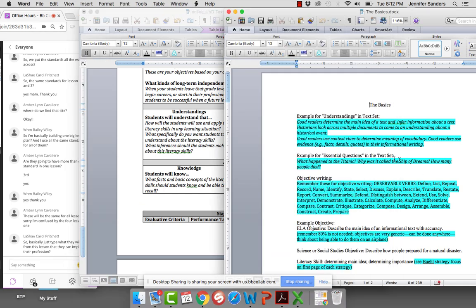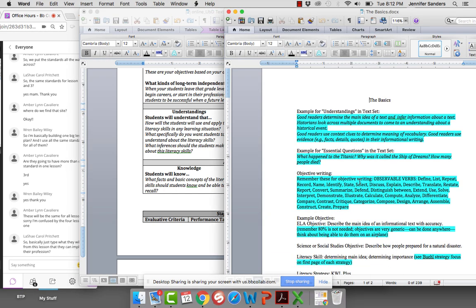And so I'm trying to give you an example here, and then I'll put this up on the course. But it says, good readers determine the main idea of the text and infer information about a text. That's an example of an understanding. So that's based on Standard 2 and Standard 1. And historians look across multiple documents to come to an understanding about a historical event.